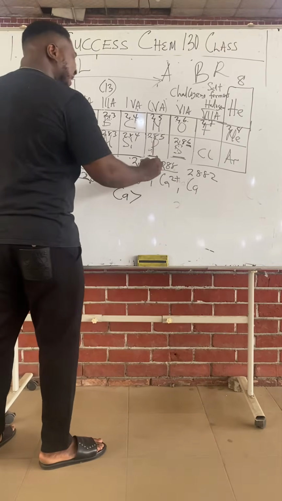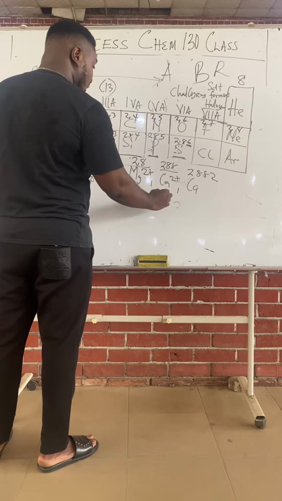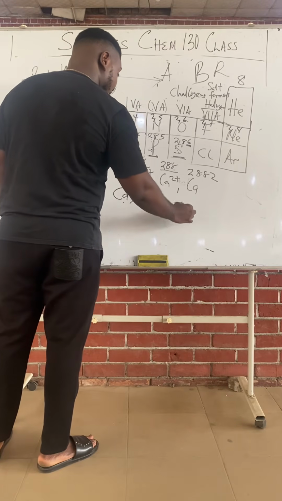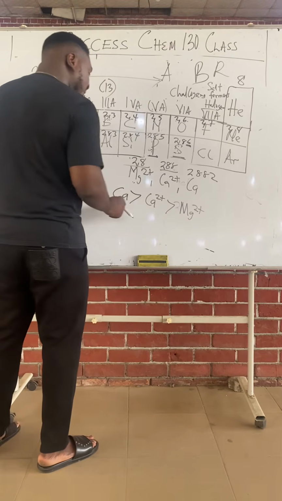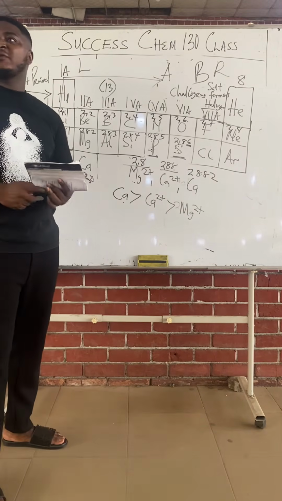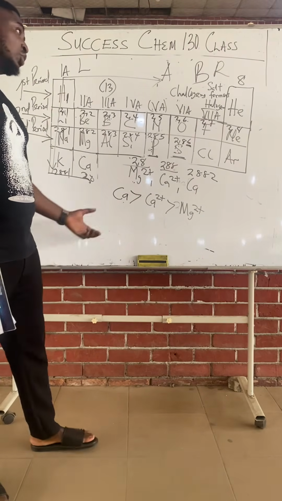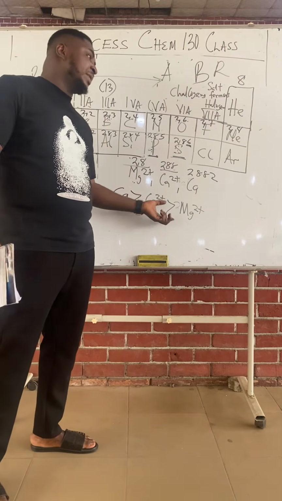But 2,8,8 is still bigger than 2,8. So it's Ca, then Ca2+, then Mg2+, going from biggest to smallest. So Ca is bigger than Ca2+, bigger than Mg2+.